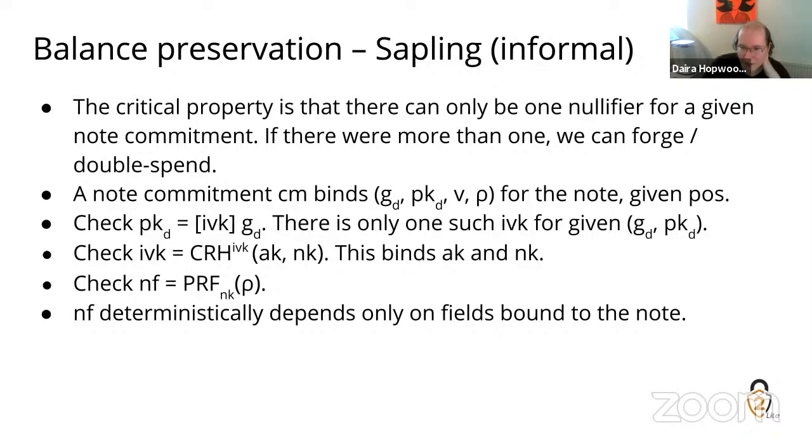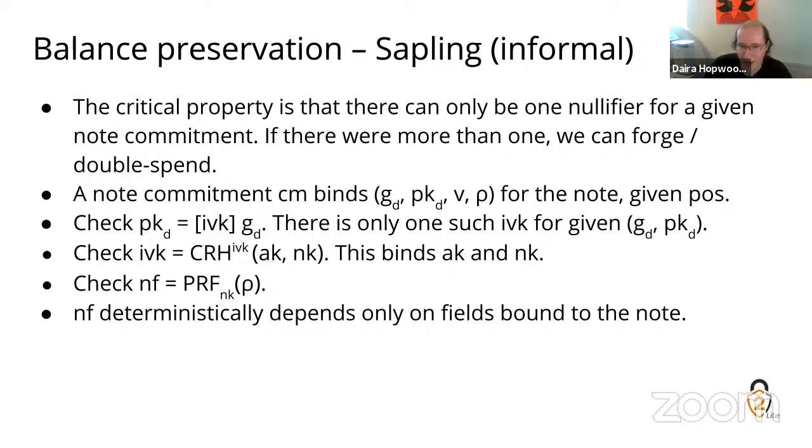And then we check consistency of the address, which is this GD and PKD, with the incoming viewing key. And the property we need here is that there's only one incoming viewing key for a given address. So we've started with the note commitment, and now we know that there's only one IVK that can correspond to that note commitment.